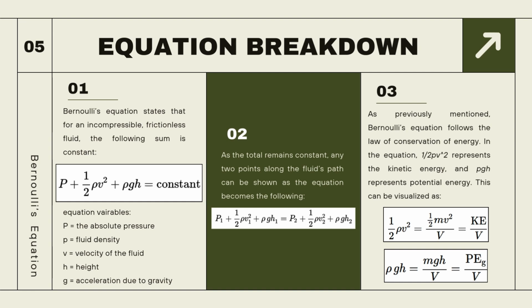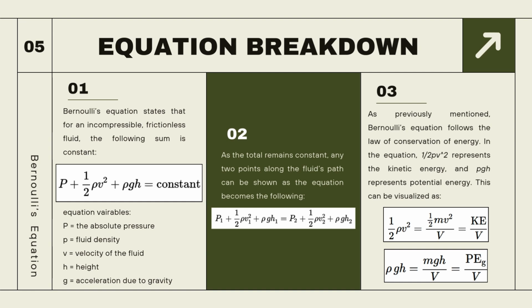Lastly, we recall that Bernoulli's equation follows the law of conservation of energy. In the equation, 1/2 ρv² represents the kinetic energy portion of the equation. ρgh represents the potential energy portion of the equation, and this can be visualized as follows.